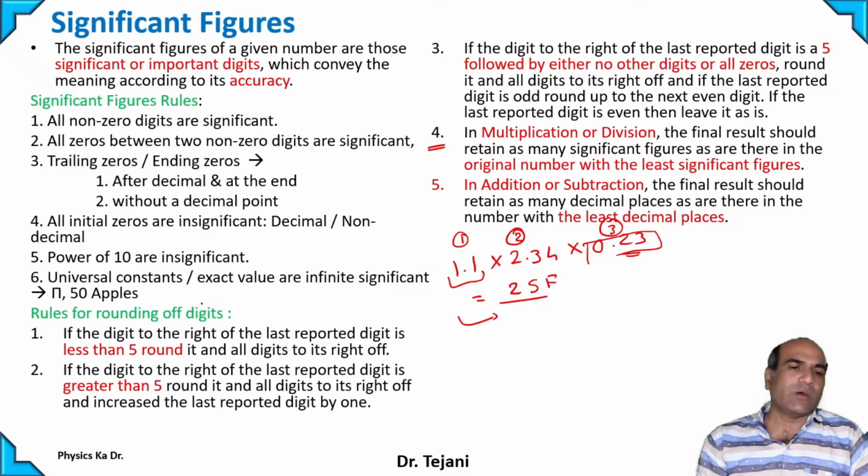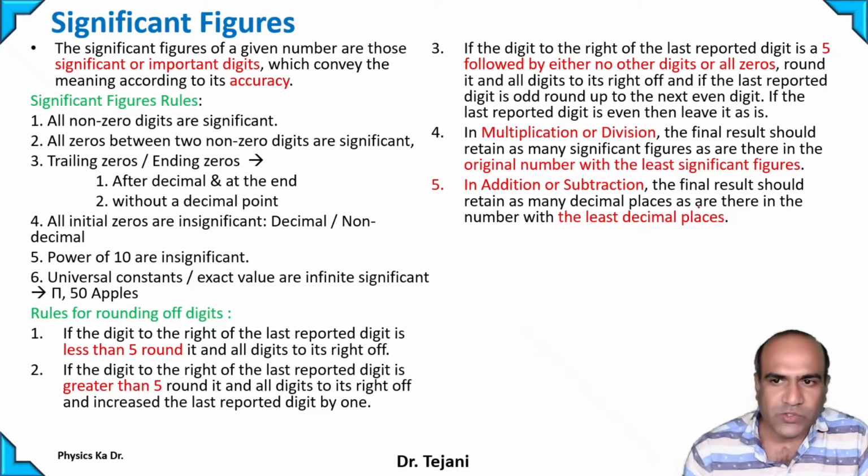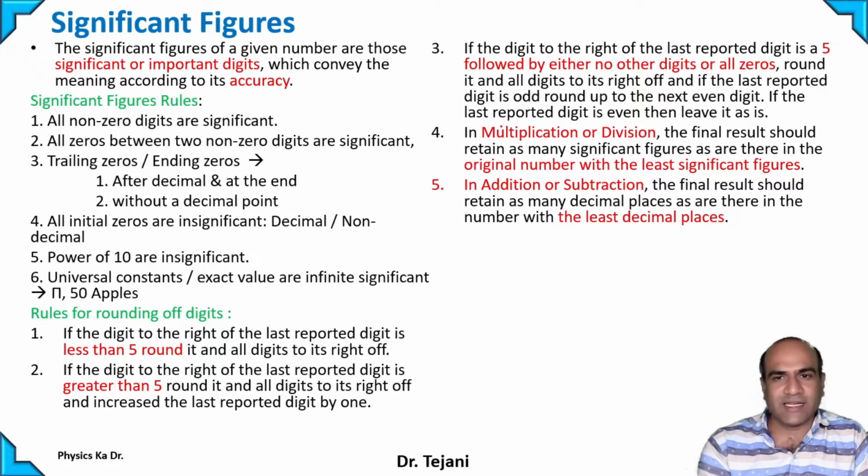So your answer should have two significant digits. The minimum number of significant digits is required in the case of multiplication and division.